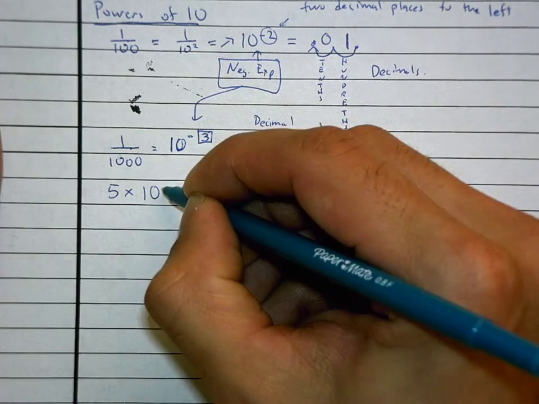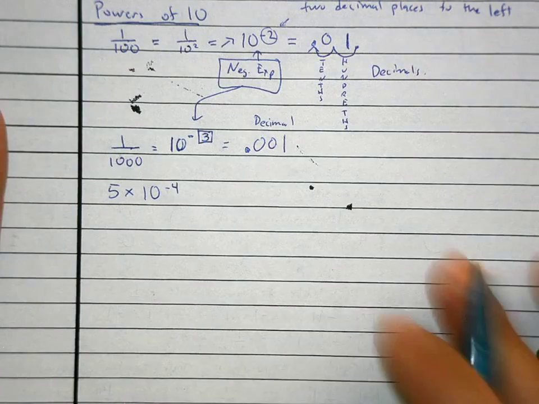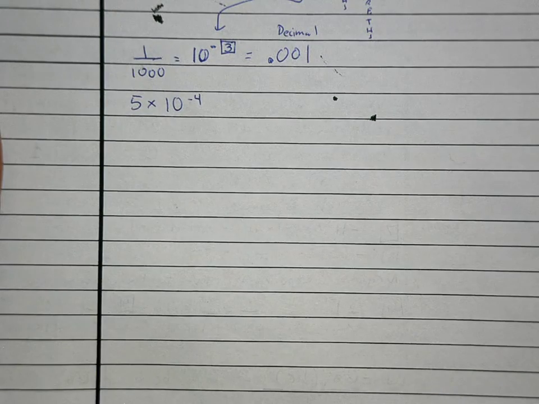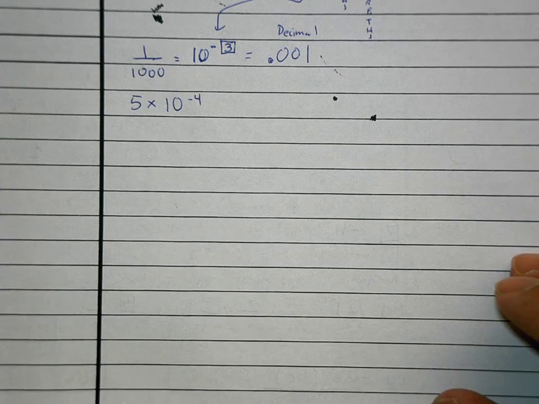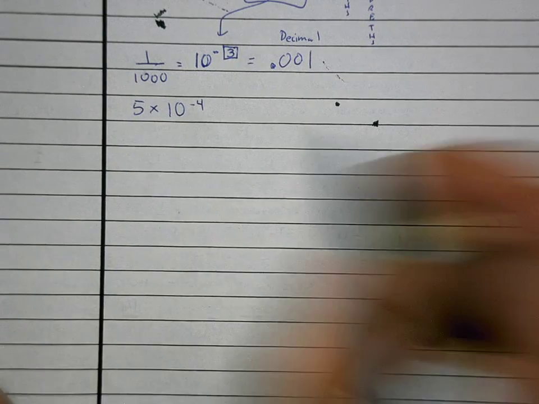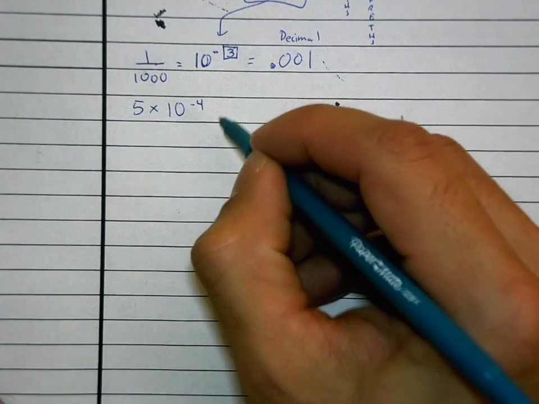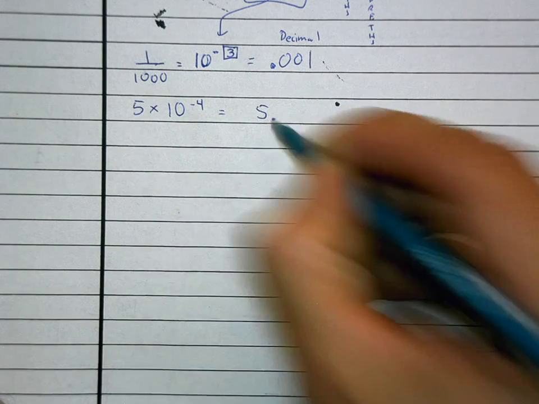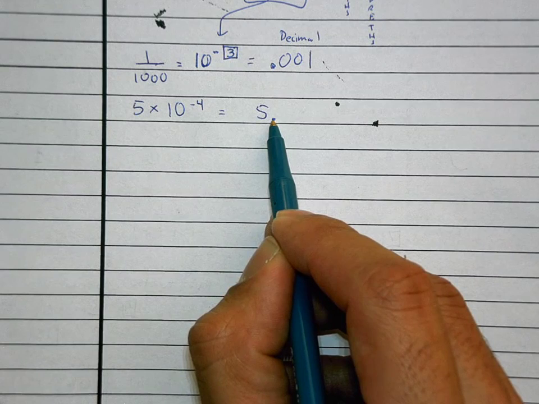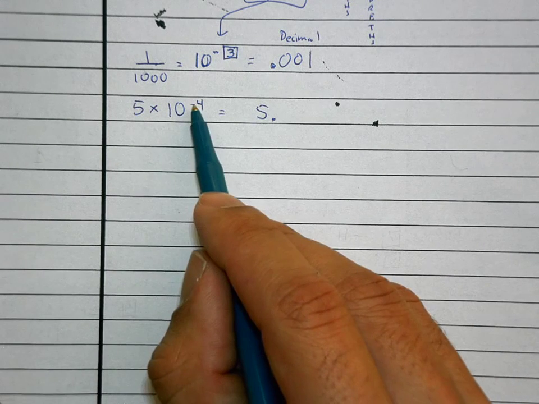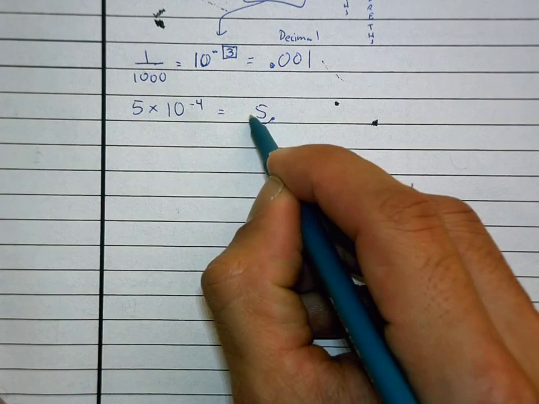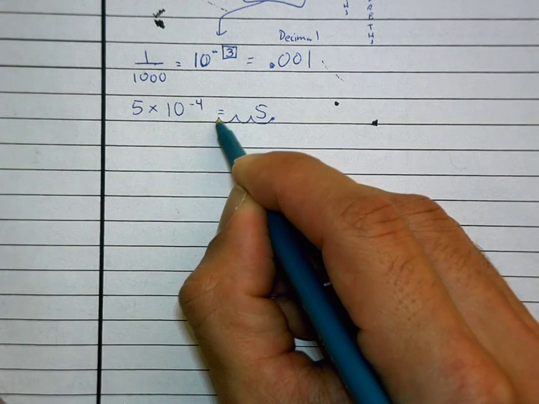5 times 10 to the negative 4th power. And I hope you know how to do that. Most of you do. Let's just remind you, just in case you need to know. Right now, the 5 has a decimal place right here on the right-hand side, at the end of the sentence is where the period goes. 10 to the negative 4 means you move it how many places to the left? 4. 1, 2, 3, 4.